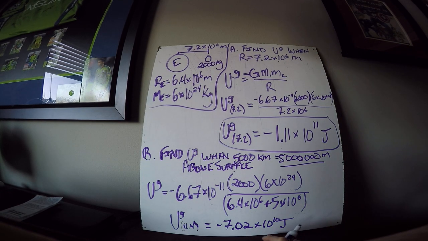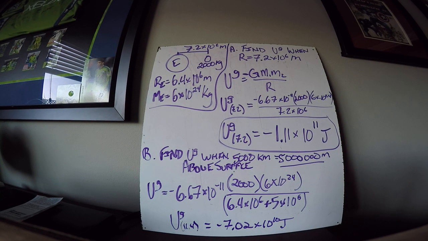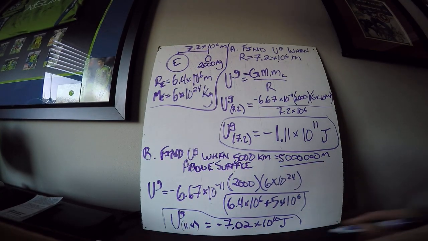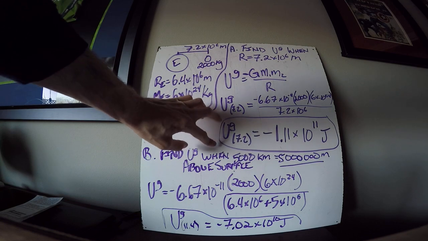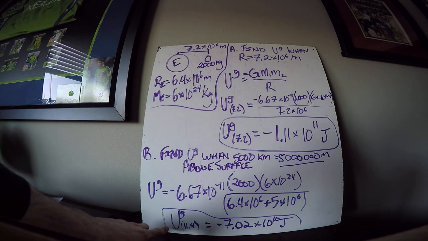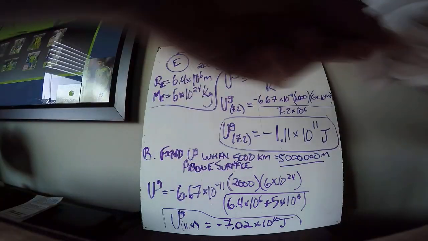Notice how that's less, right? Because remember, the further you go away, the less potential energy you have. So remember these two numbers. UG at 7.2 is negative 1.11 times 10 to the 11th, and UG at 11.4 is negative 7.02 times 10 to the 10.